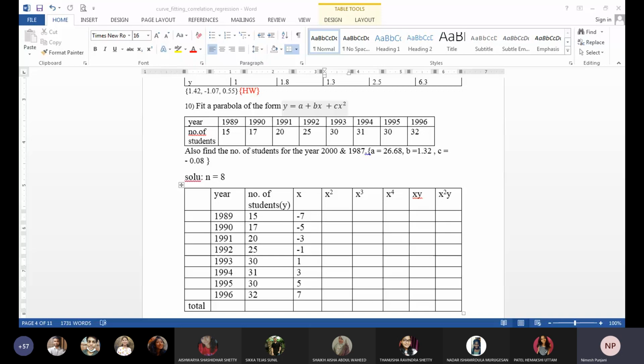As you go down, add 2. As you go up, subtract 2.